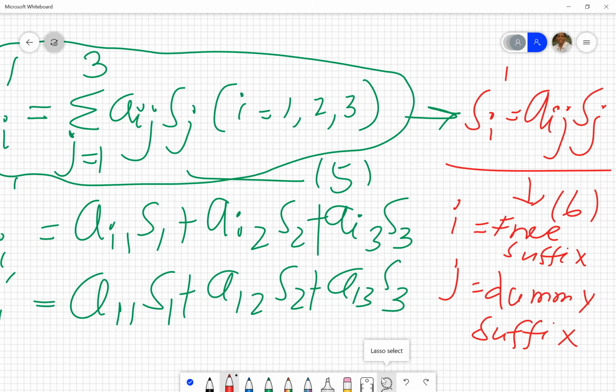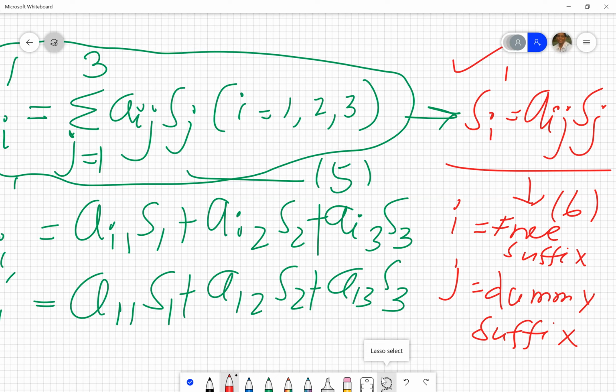A physical quantity that transforms with coordinate axes in the manner of the equation we have derived is called a tensor. The manner of writing this equation, the one we derived previously, is called a tensor quantity.